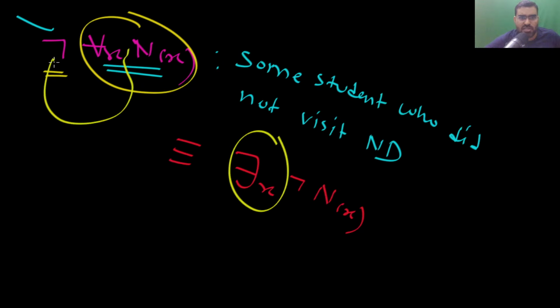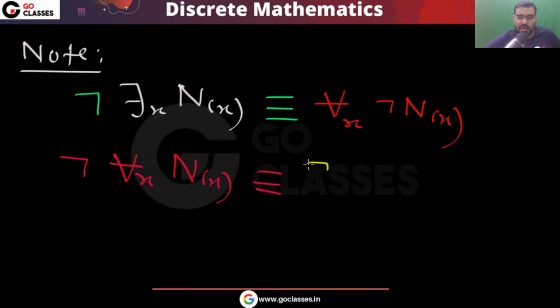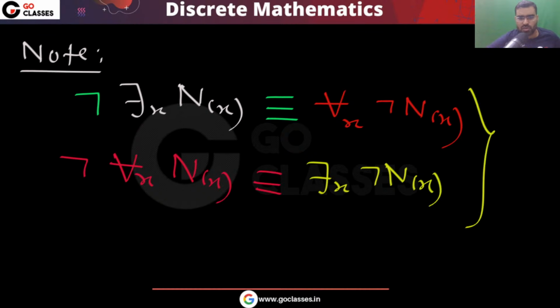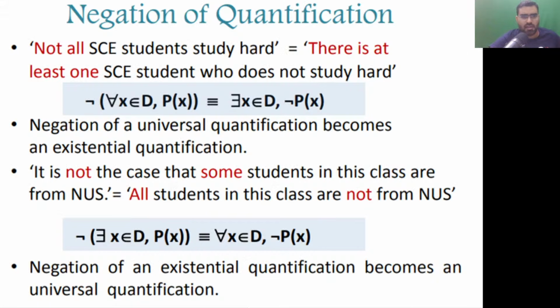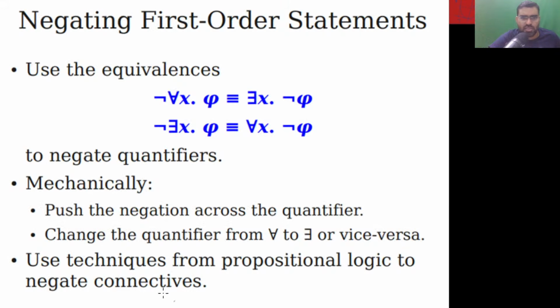This negation will go inside, so it will be the same as the existential quantifier. Okay, so this is the point. Now let's move on. This is your negation of quantification.